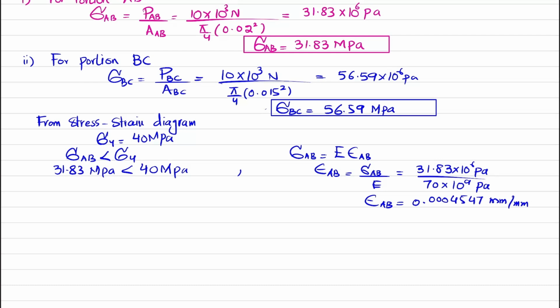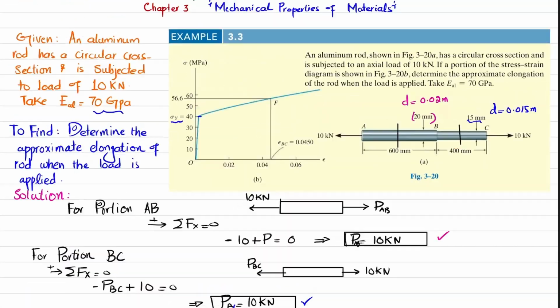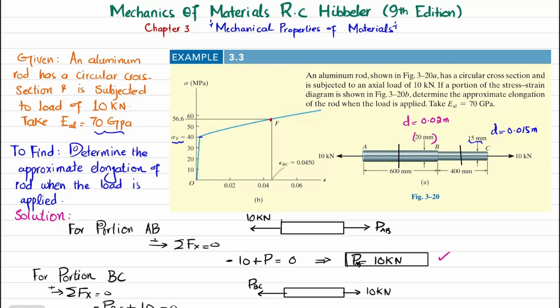Now, for portion BC, we can see that stress in BC is greater than sigma yield. Clear? So this is in plastic region. This is sigma BC, that is already shown over here. So we cannot apply Hooke's law.